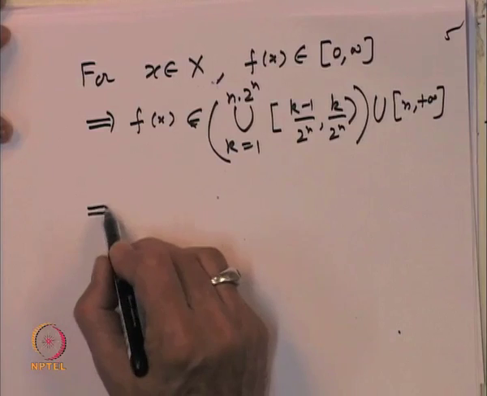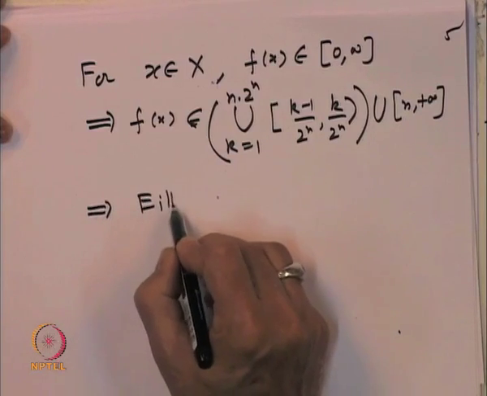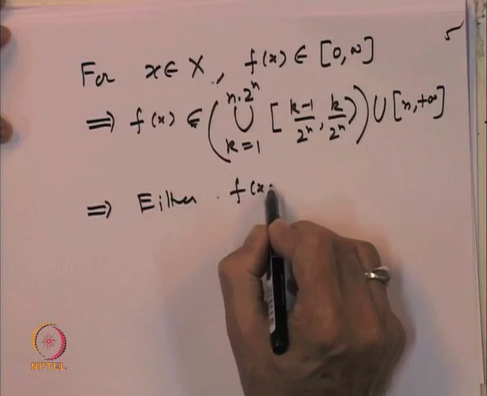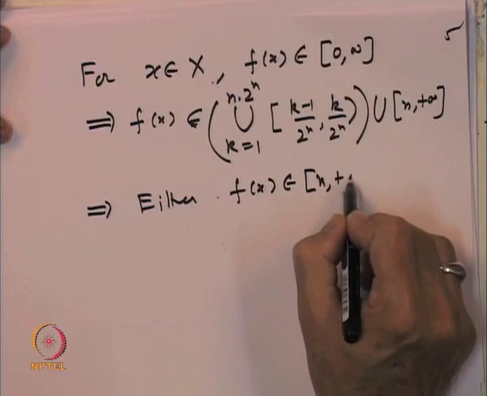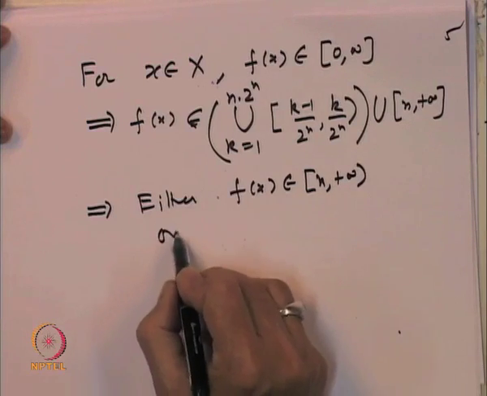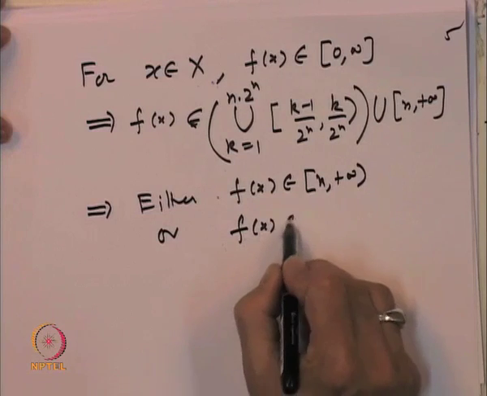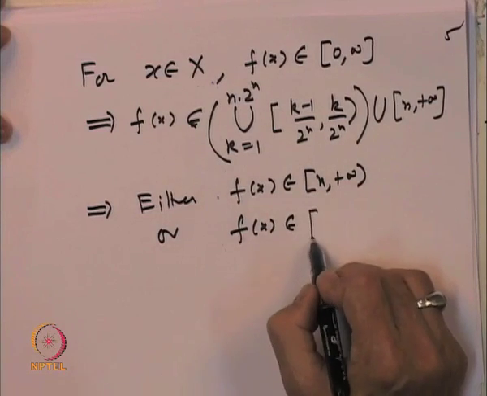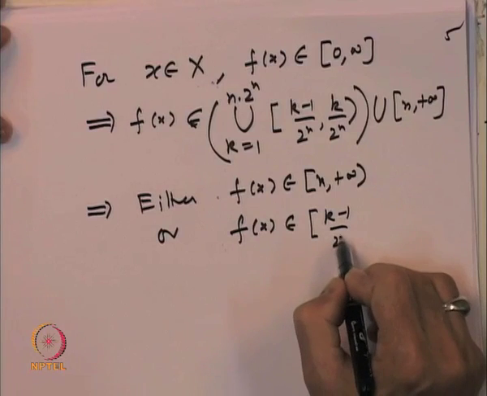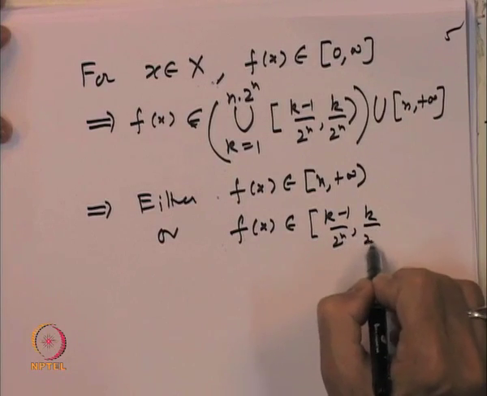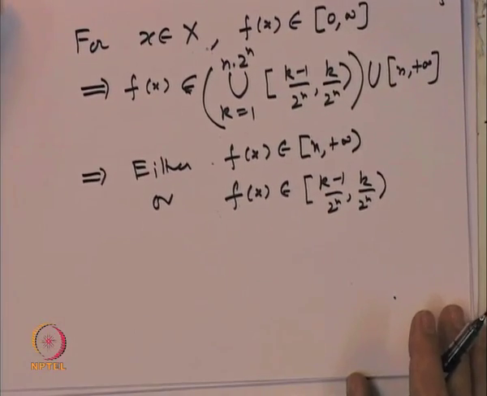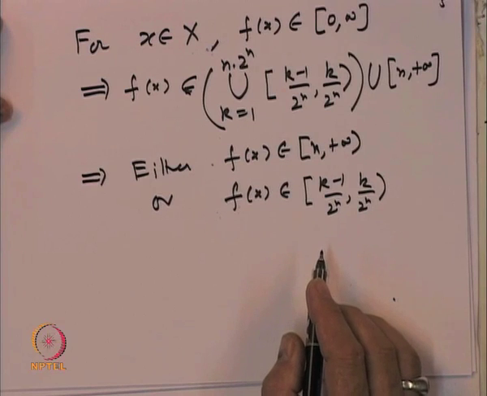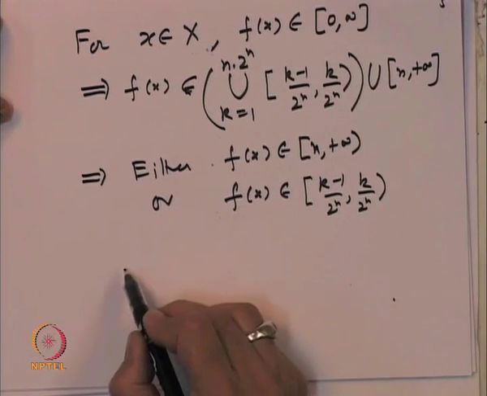So, this implies either f of x belongs to n to plus infinity, or f of x will belong to one of these sub intervals, let us call it k minus 1 by 2 to the power n to k by 2 to the power n. So, these are the two possibilities, and now we want to define a function S n.